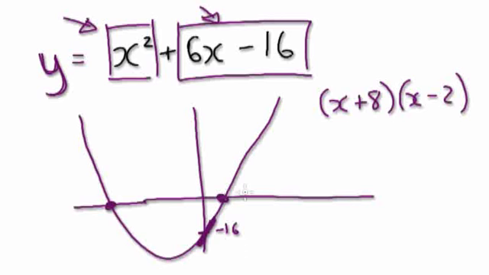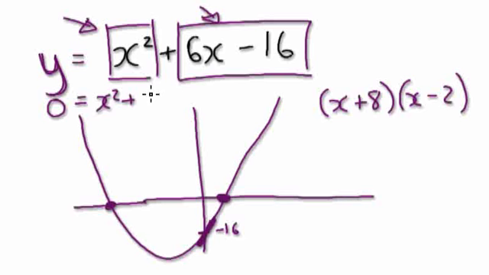At this point here, the up and down, which is the y value, is 0. So basically, you make this thing equal to 0.